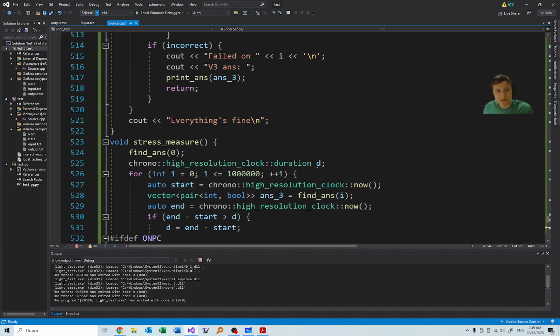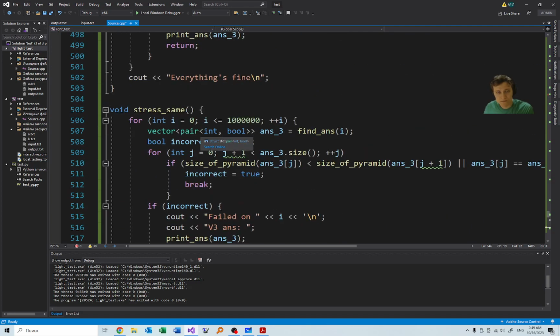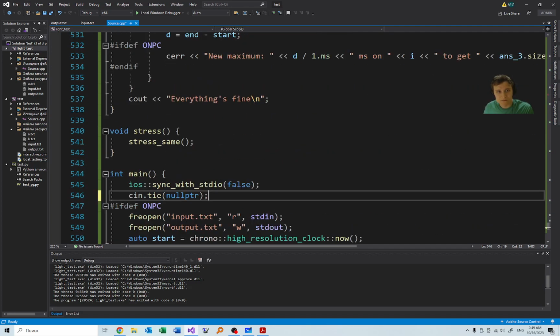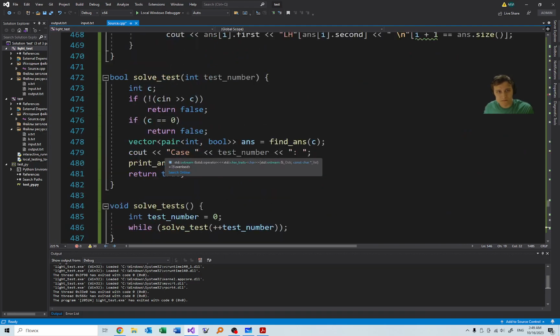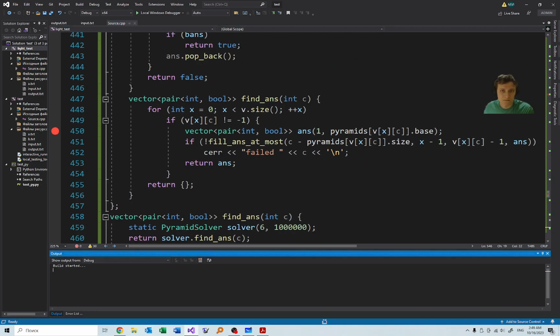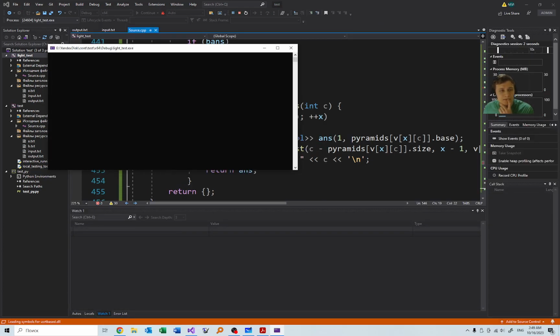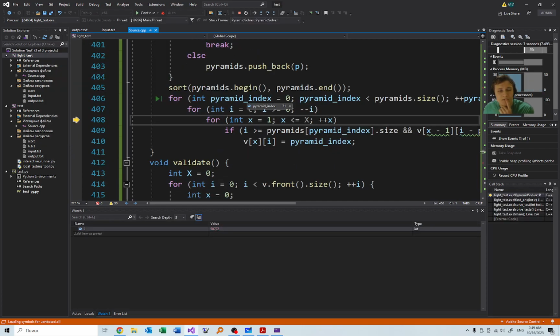Can we do it in debug and see what's wrong? So slow.